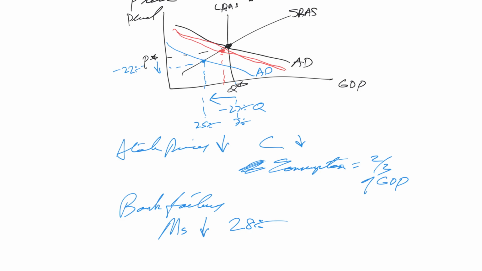But add all the bank failures, and it just shifted this aggregate demand curve way left. So that is basically the Great Depression. And our aggregate supply, aggregate demand model does a great job of explaining it. It was simply a major collapse in aggregate demand.